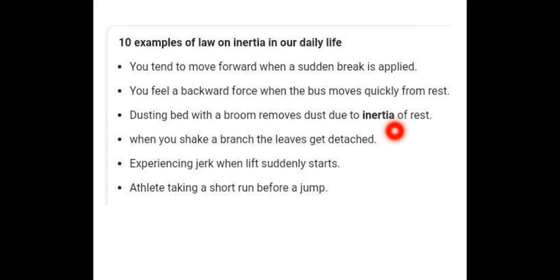So when you dust a carpet using a broom, what happens? Dust particles come out of the carpet. Why? Because the carpet is in motion, but the dust particles want to remain in their rest position, so they come out. Similarly, when you shake a branch, the leaves get detached.